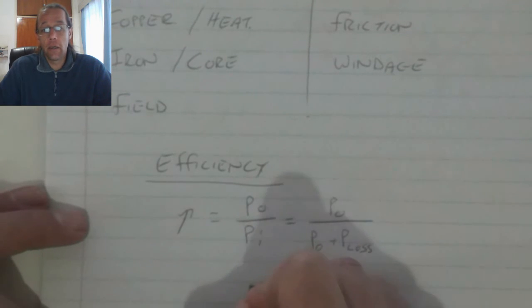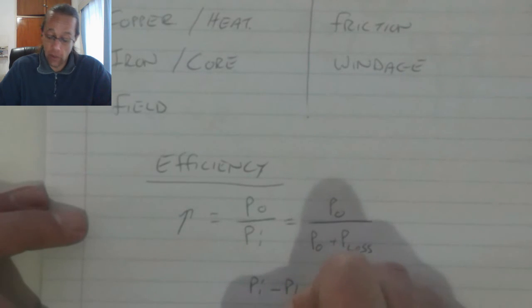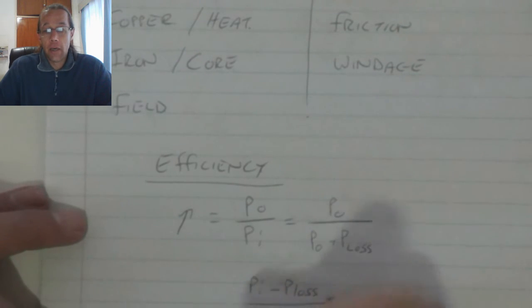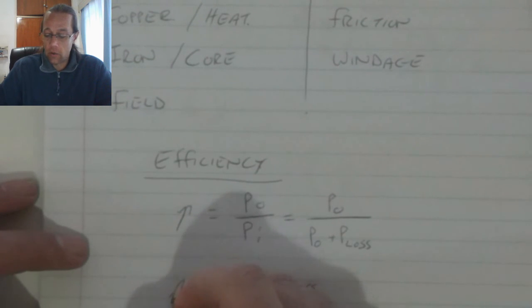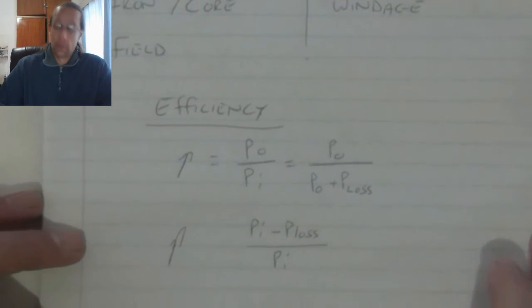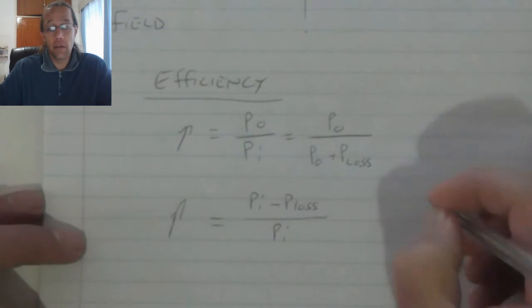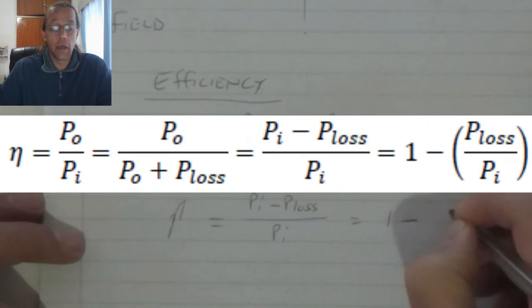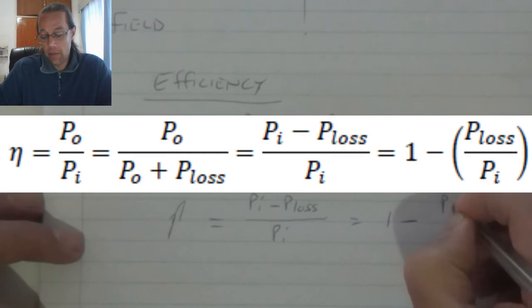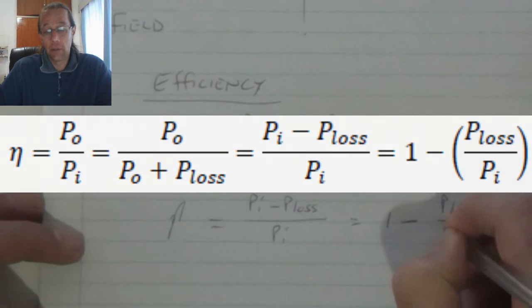I can also say that my input power minus my losses divided by my input power is equal to my efficiency. And finally, I could calculate it as 1 minus P loss over P in.